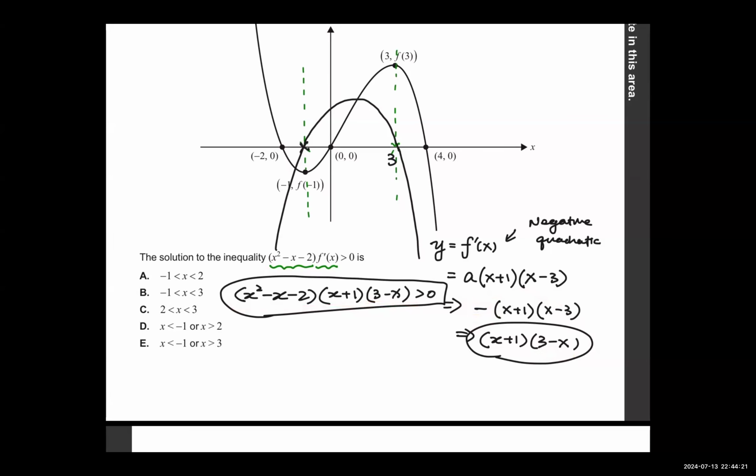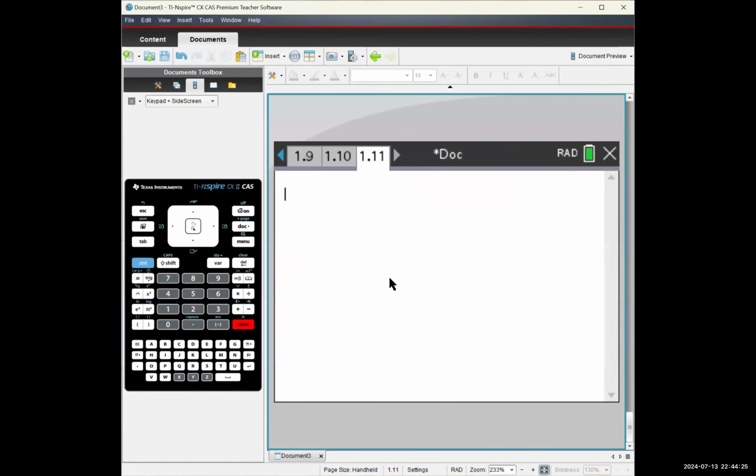So what I'm going to do is solve this inequation. We've got x squared minus x minus 2 times x plus 1 times 3 minus x greater than 0 for x. It's between 2 and 3.